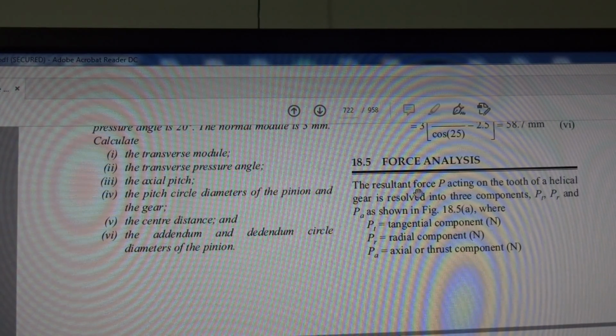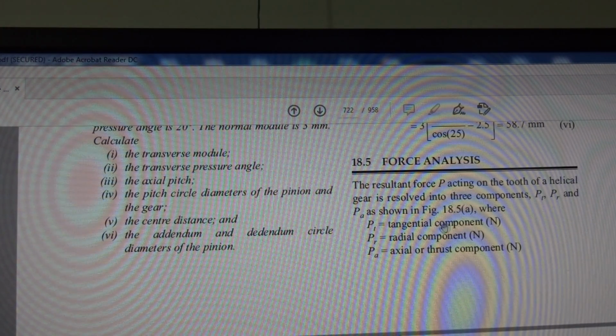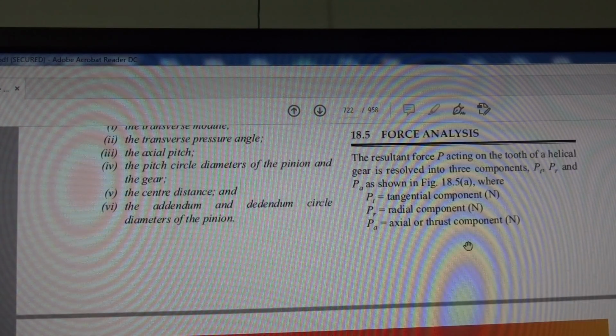In the force analysis, the force is analyzed similarly to the spur gear, but there is some difference between this and that analysis. Here P is the resultant force acting on the tooth of a helical gear, resolved into PR, PT and PA, where PT is the tangential, PR is the radial and PA is the axial component of the force.